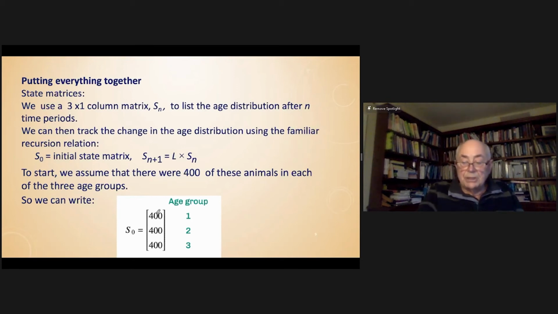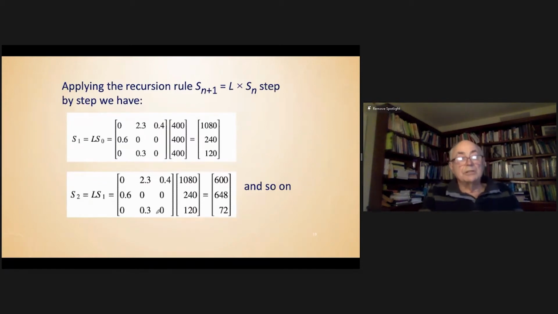age groups. We can then go through the process step by step of calculating from our starting point, our S0, our 400 in each group, how many are in each age group after one step, after one 3-year time period. And that's done by using that common relationship, S1 equals L S0.